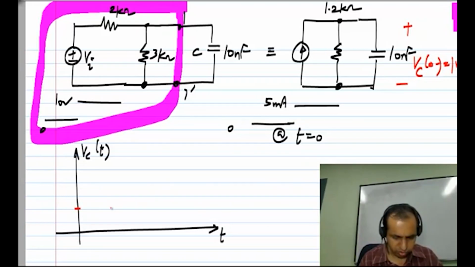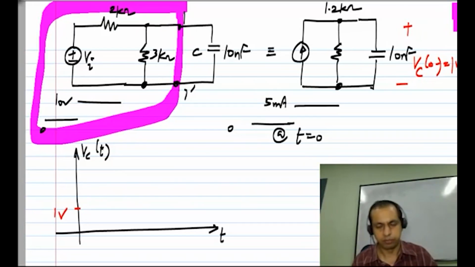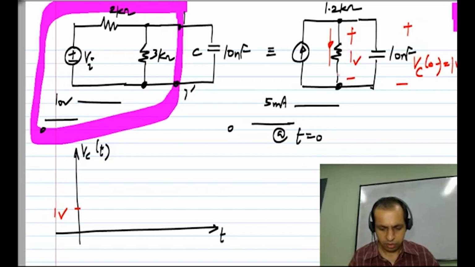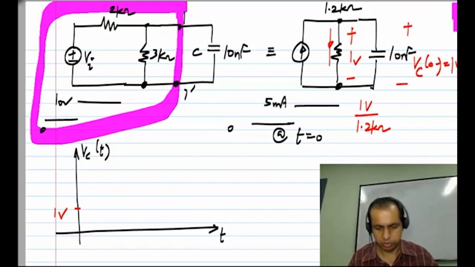At t equal to 0 minus and 0 plus, we will have 1 volt. Now, because we have 1 volt over here and 1.2 kilo ohms, a certain current is taken away by the resistor, and that will be equal to 1 volt by 1.2 kilo ohms.